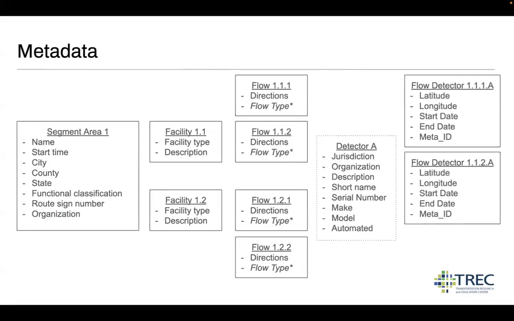After you have your detector information filled out, the next level of metadata is categorized as the flow detector. The required attributes for flow detector are the lat and long, start date, end date, and the meta ID. The meta ID is a user-provided ID unique for that row of metadata.